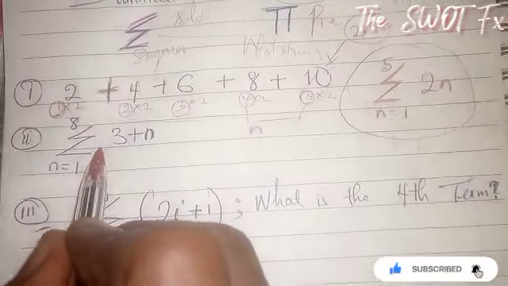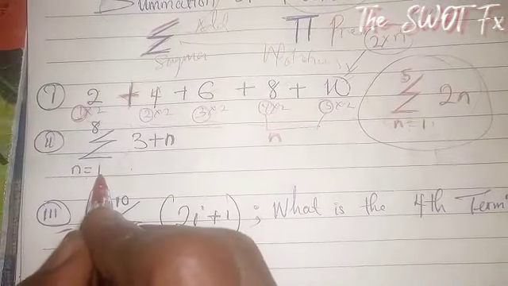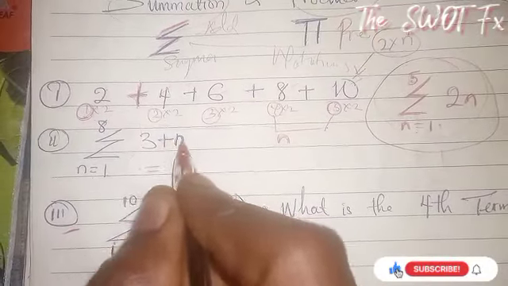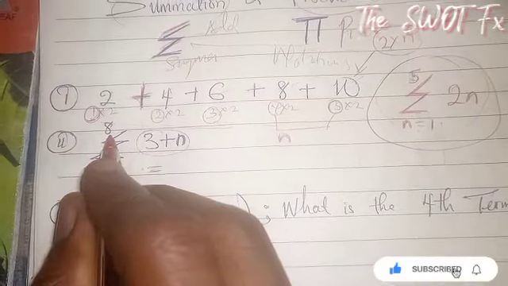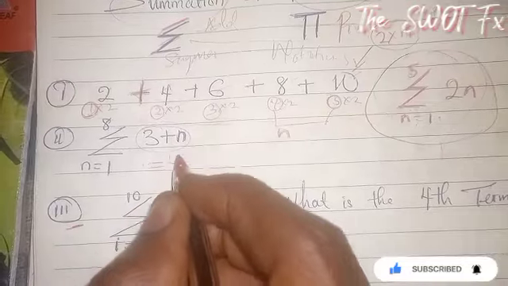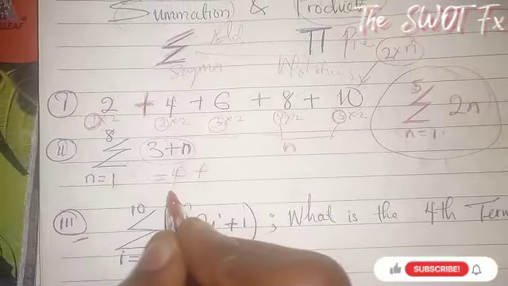Now let's go to this one just to explain better. If I have something like this, my question is starting from 1, and I'm having 3 plus n. This is where I'm starting from, and I'm ending at 8. 3 plus 1 is 4, this is the first term.